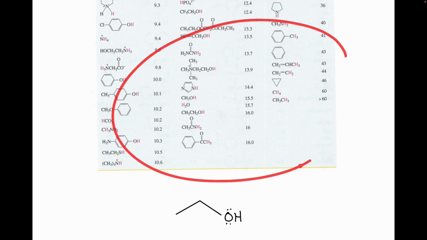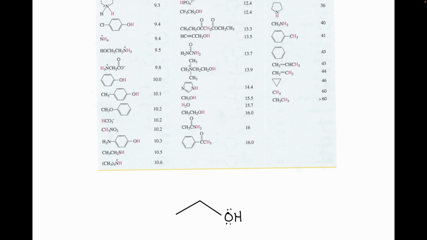Again, I'm going to tell you, you're going to look somewhere in here. So here's a CH3, here's a CH2, and then our OH. So I'd be looking right here for ethanol.